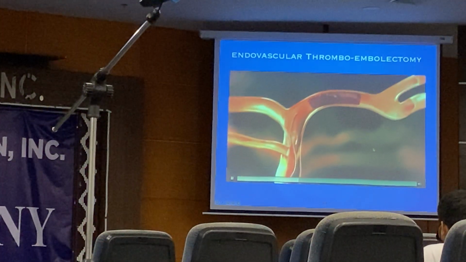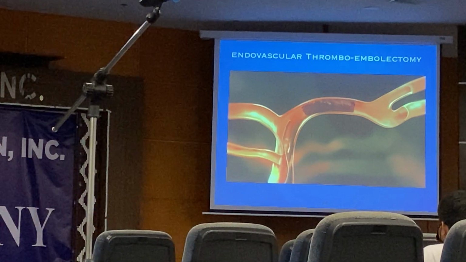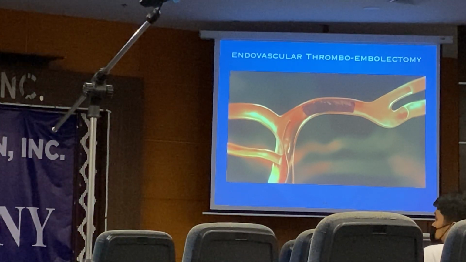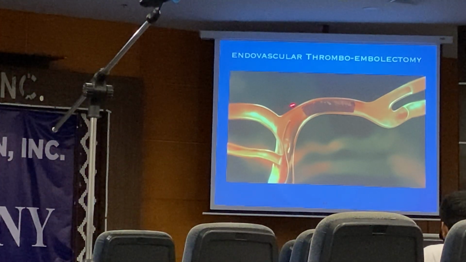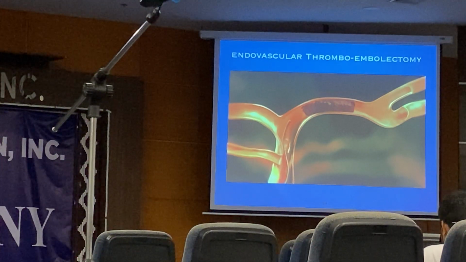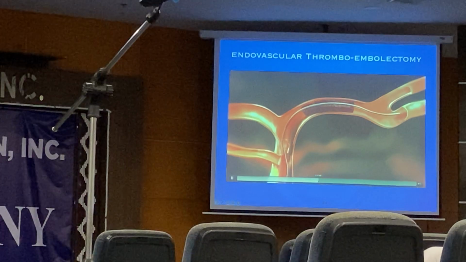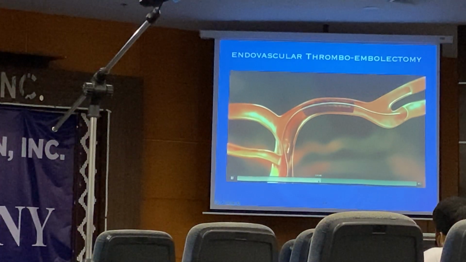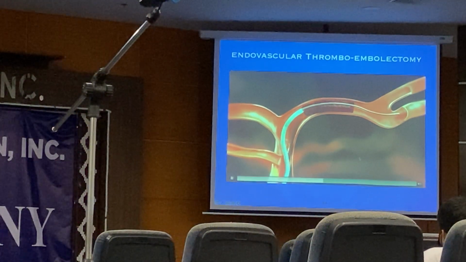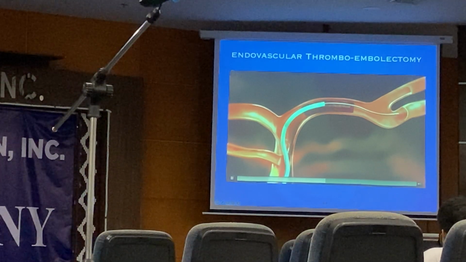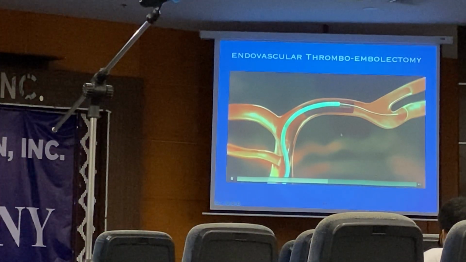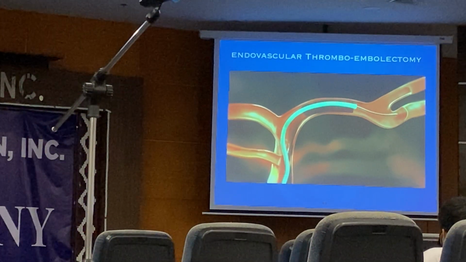So after that, if that's the thrombus, then we try to bypass it with the catheter and guide wire. So once the occlusion is bypassed by the guide wire, we place the delivery catheter.